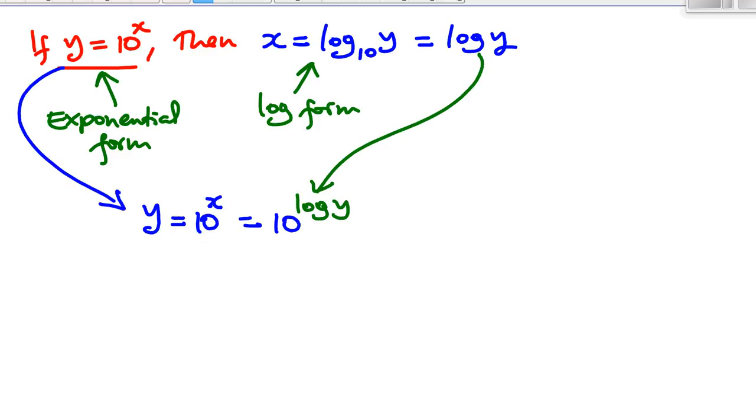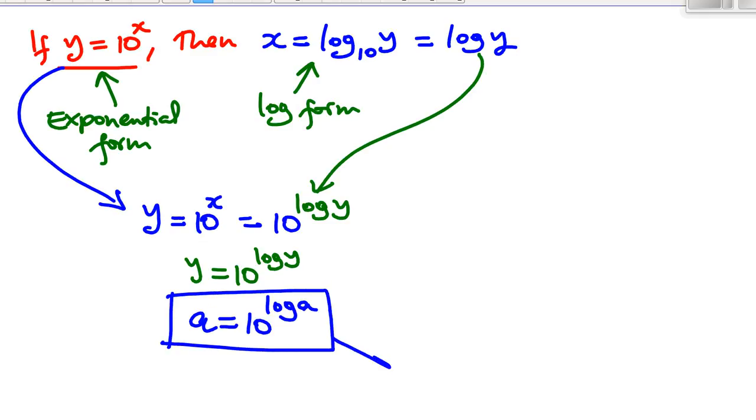So we are saying y is equal to 10 to power log y, where y is any number that's greater than 0. So we can summarize this, or generalize it and say any arbitrary value a that's greater than 0 will be equal to 10 to power log a. That's very important.